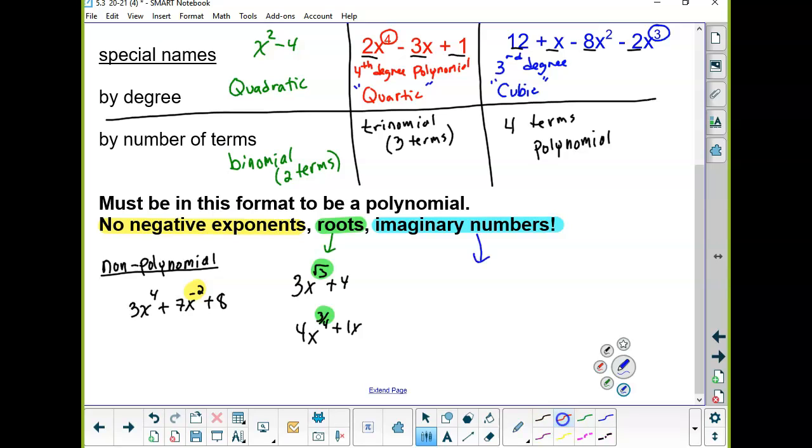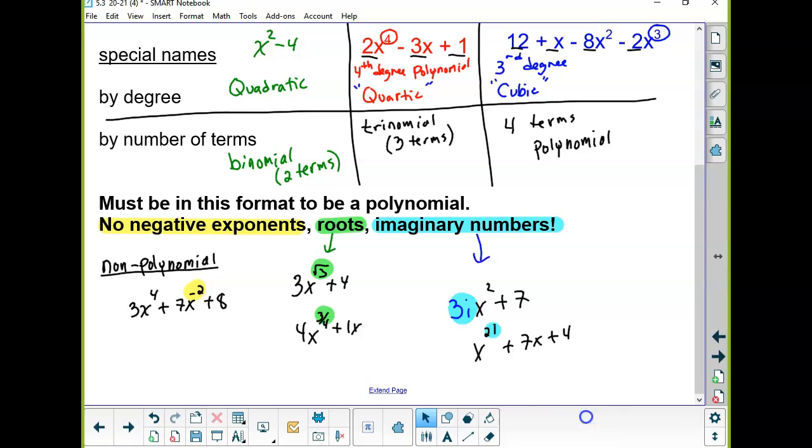And then imaginary numbers, if you have like 3i somewhere in there, or for some reason I want to use 7. Those are examples where the 2i or even that constant with an i out there changes things. So we can't have those as polynomials.